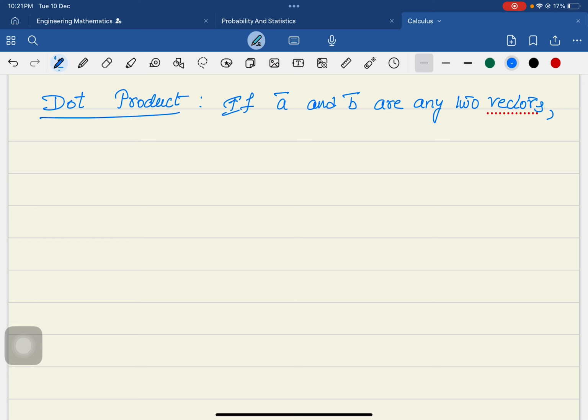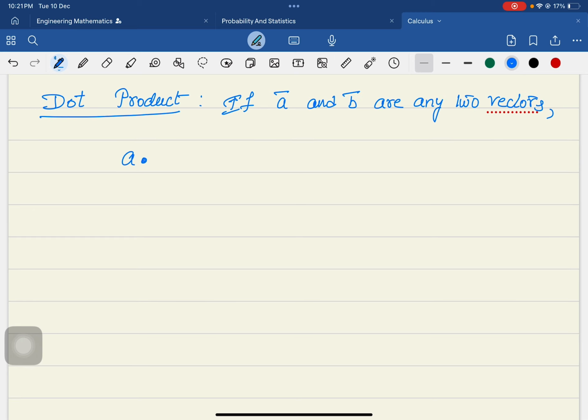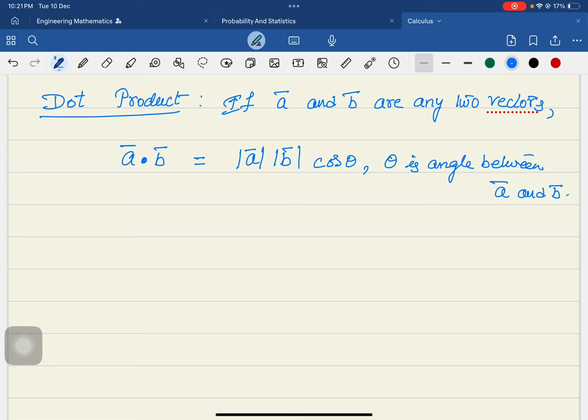Then A dot B, the dot product, is given by mod A, that means the magnitude of A, into the magnitude of B, multiplied by cosine theta, where theta is the angle between the two vectors A and B. So this is what is meant by the dot product.